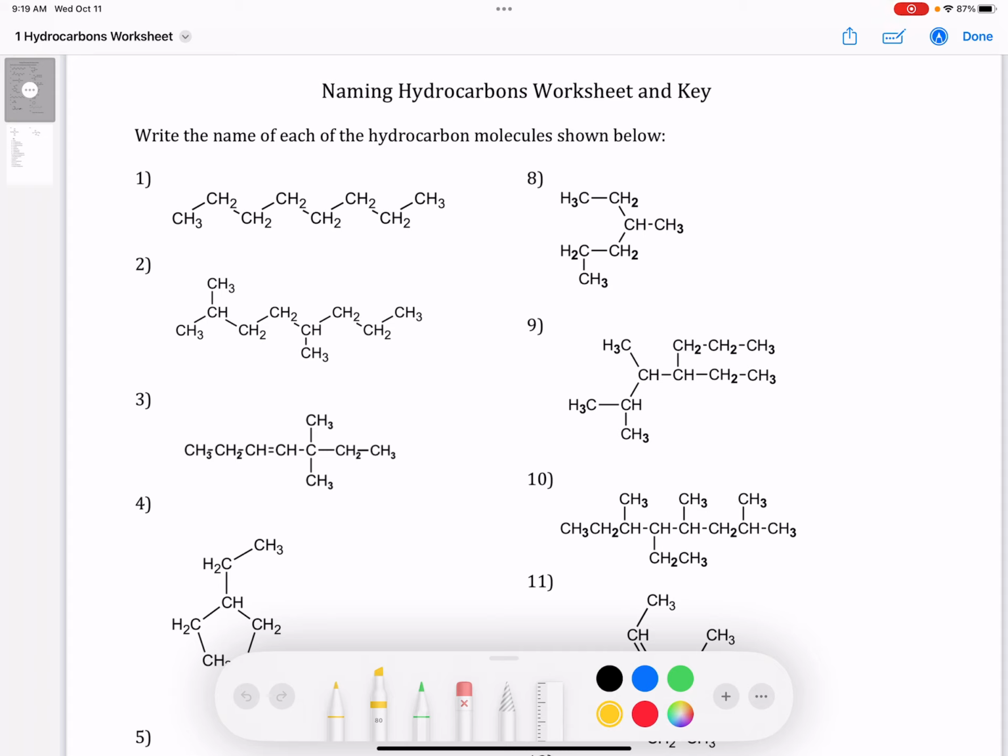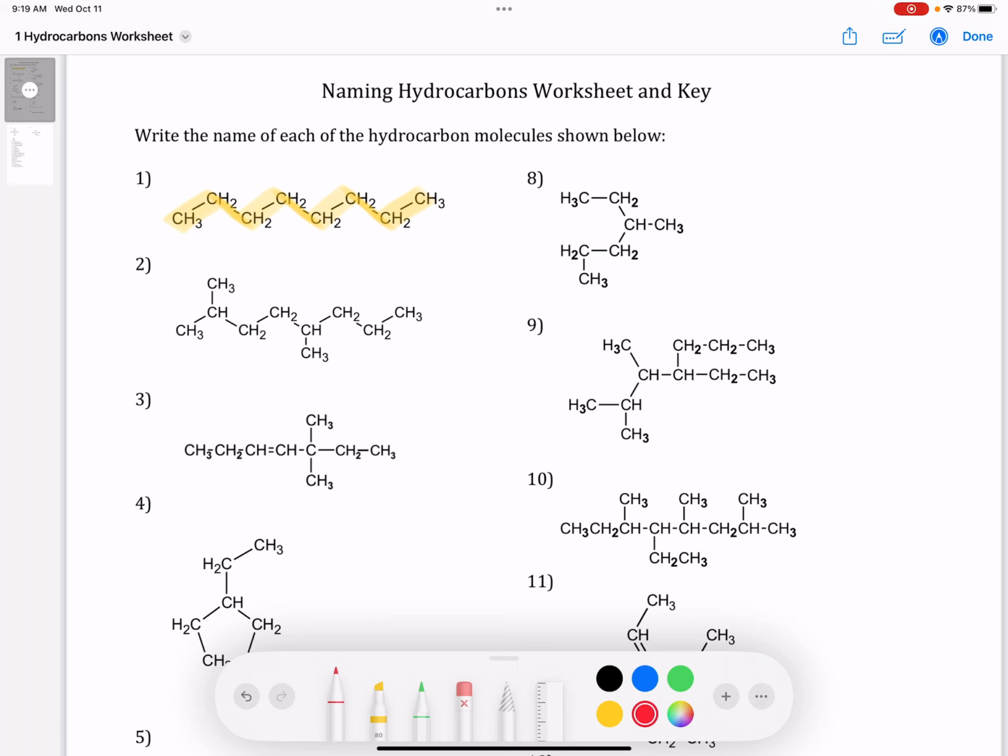And to do that, I'll start at one end of the molecule and see how many in a row I can get before there's some branching. So for number 1, I've got 1, 2, 3, 4, 5, 6, 7, 8. So all of those carbons are in a chain. There was no branching, so they're all connected. Right, from here, just clean up our colors.